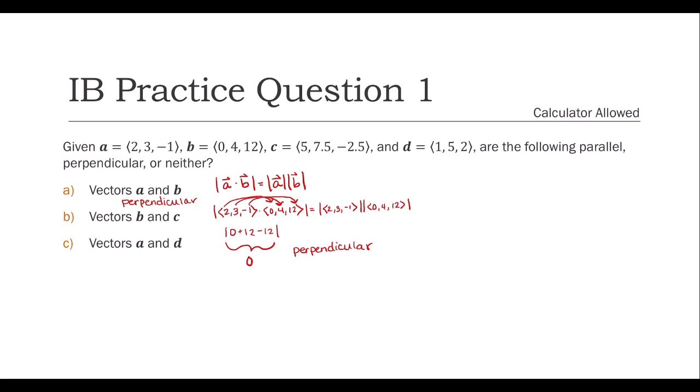Then we have vectors B and C. So we'll have (0, 4, 12) dot (5, 7.5, -2.5) equals the magnitude of (0, 4, 12) times the magnitude of (5, 7.5, -2.5).